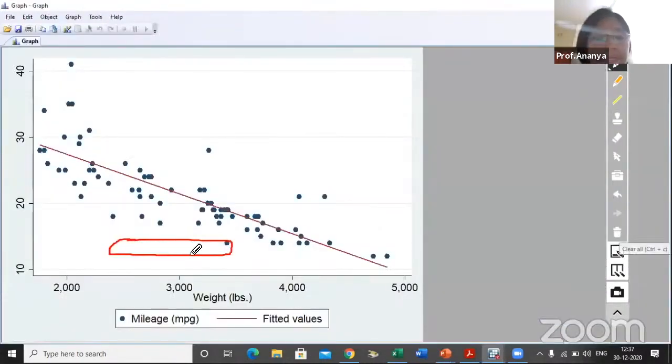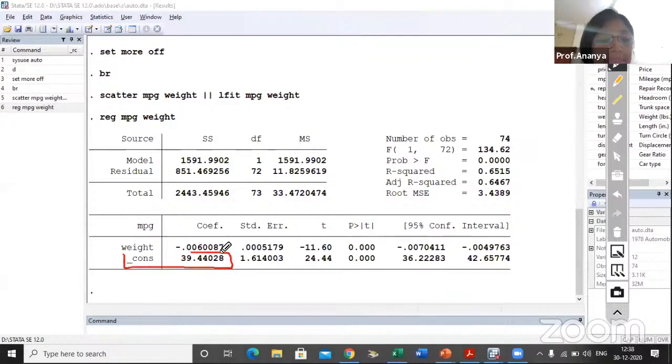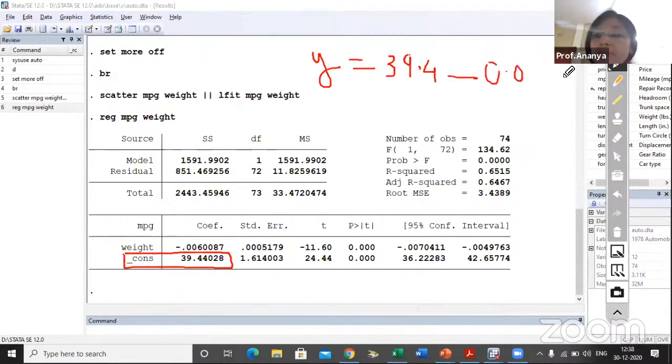You can see this is a negatively sloping line, and that is captured in the result. So the slope is minus 0.006. And what is the intercept? This is the intercept. So the line is y equal to 39.4 minus 0.006 times x, where y here is mpg and x here is weight.